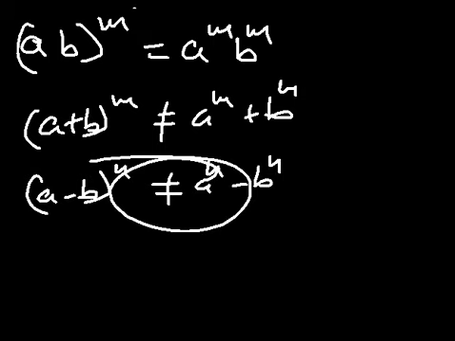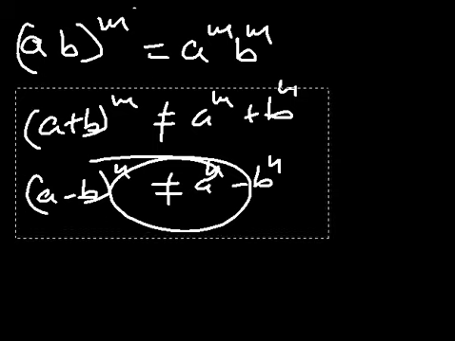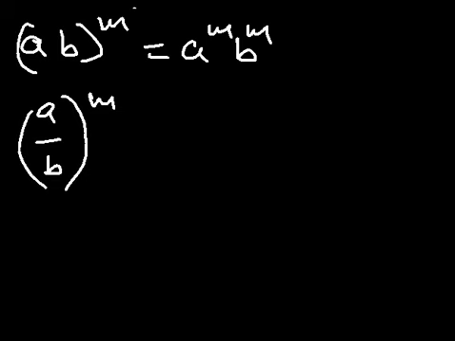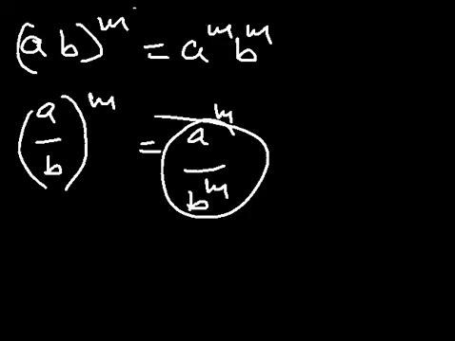This is not acceptable, but it is only done if we have values or expressions that are multiplying. And whenever we are dividing, if we have a over b, the overall to the power m, according to the power distribution rule, we have it as a to the power m divided by b to the power m. So keep that in mind.